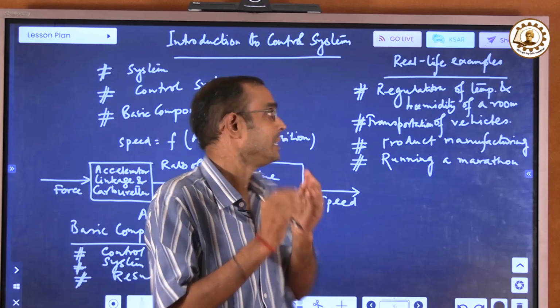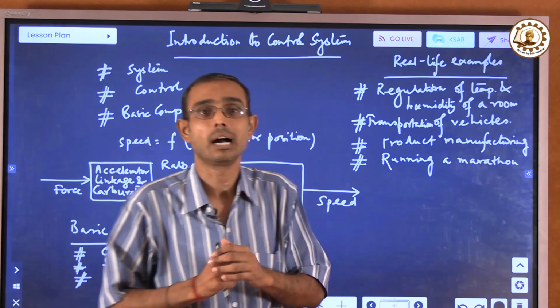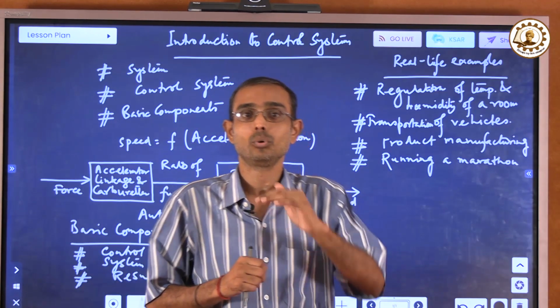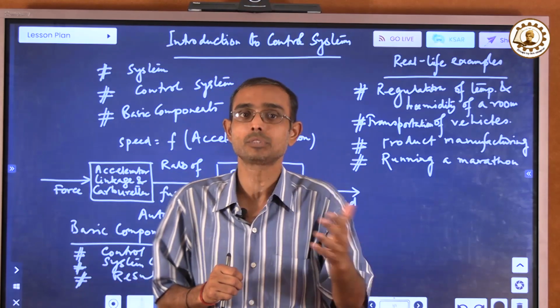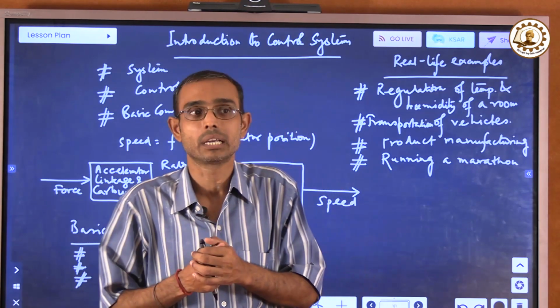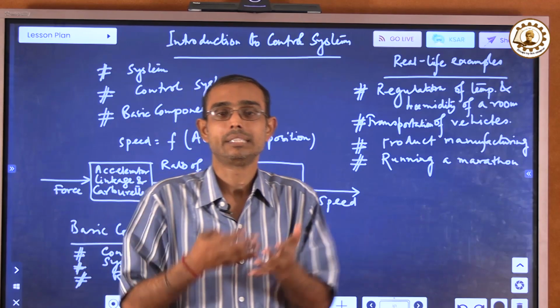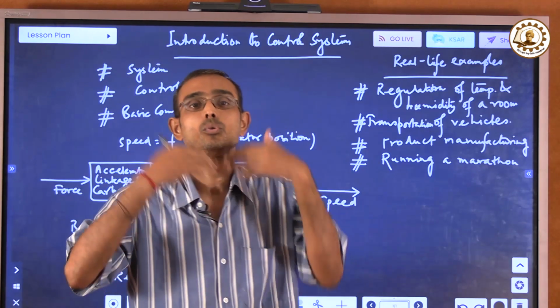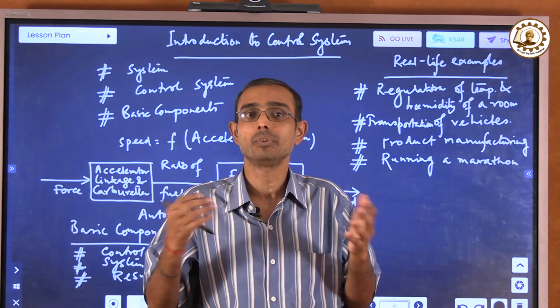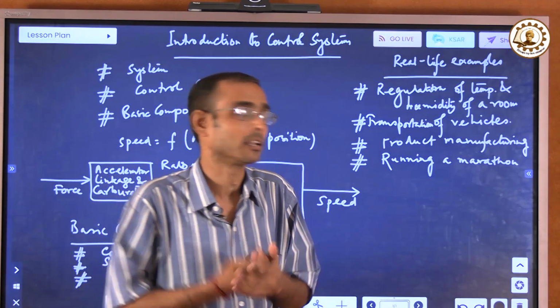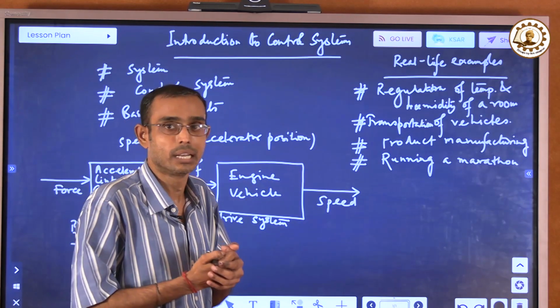That is the transportation of vehicles. How is it possible to reach the accurate destination in the safest way? We need some control mechanism applied on the system, which is the vehicle here, that will carry us to the proper destination we want in the safest manner. So that is also a real life example.